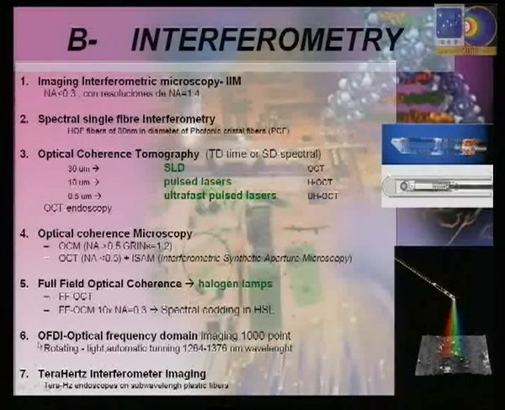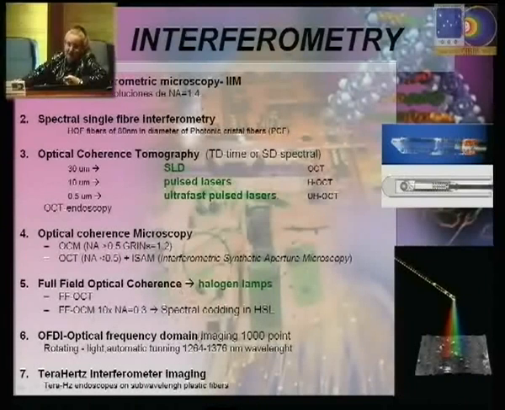The most advanced technologies include, as we have seen yesterday or the day before, the optical frequency domain imaging, so the Fourier transform domain, which is very computer consuming, in an imaging rotating system.